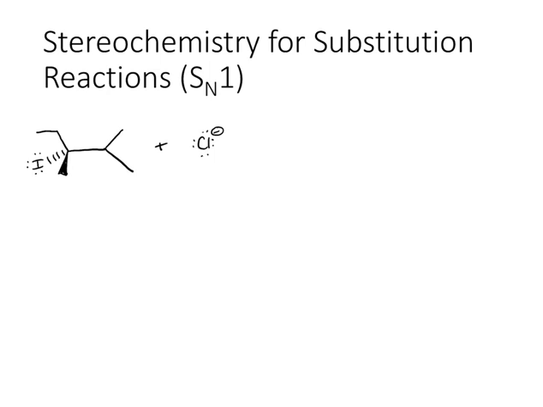The chloride ion, right? Because remember, nucleophiles have lone pairs that they can donate. Or another way to think about it is they're attracted to anything that's positively charged or partially positively charged. So the chloride ion is our nucleophile. Now our other reactant is the electrophile. And we'll see why in a bit.